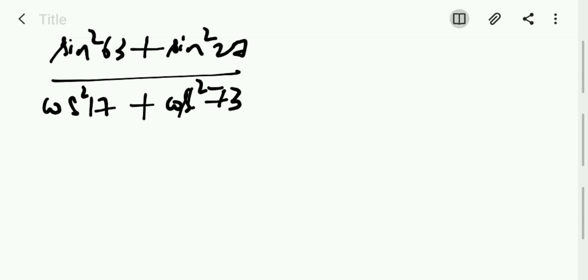Now we understood the sum, right? Sine square 63 plus sine square 27 whole divided by cos square 17 plus cos square 73. Now what is the value of this?